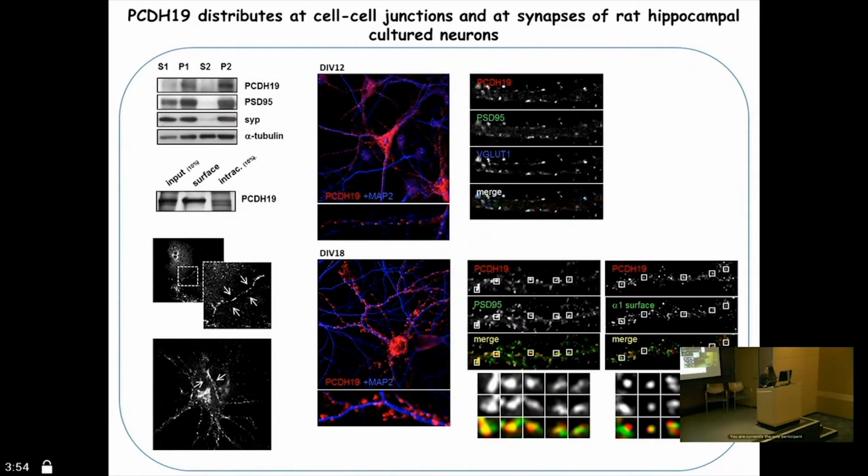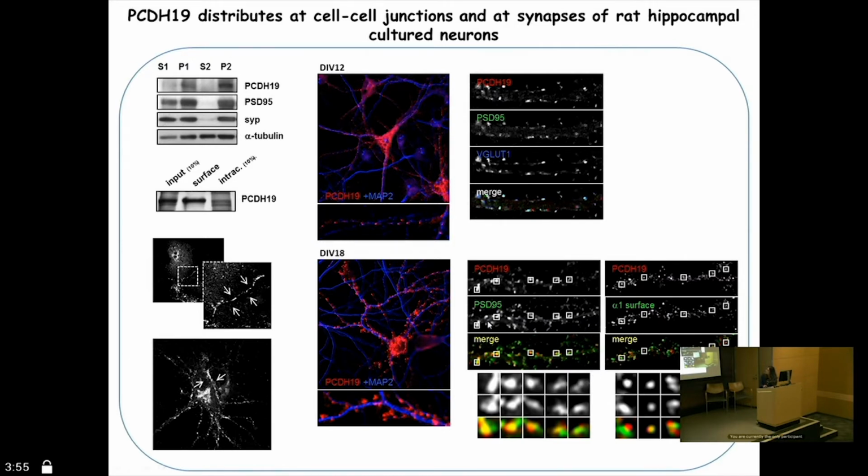If you express protocadherin 19 in HEK cells, you will find that the protocadherin localizes exactly in patches at cell-cell junctions, and in neurons it co-localizes very well with markers of excitatory and inhibitory synapses. You see here in young neurons that protocadherin 19 localizes with PSD95 and markers of excitatory synapse.